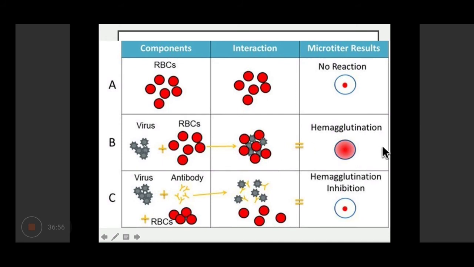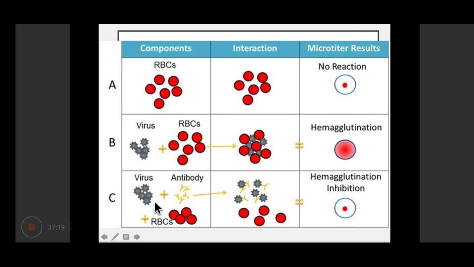Okay, so the hemagglutination test would indicate that there is presence of virus, and the hemagglutination inhibition test is basically used to detect antibodies in the patient's serum, or, if we already have very specific antibodies, then we can detect which virus it is.